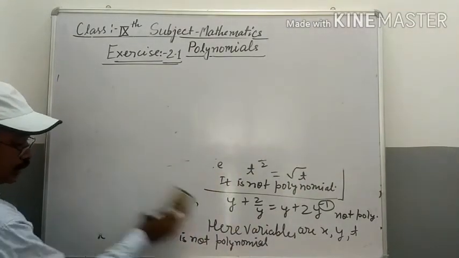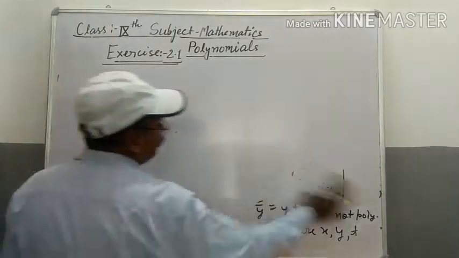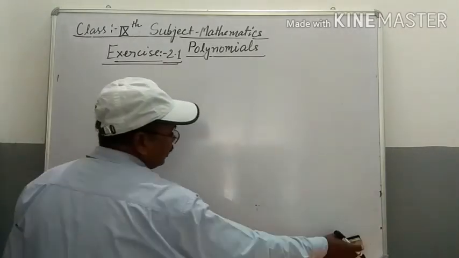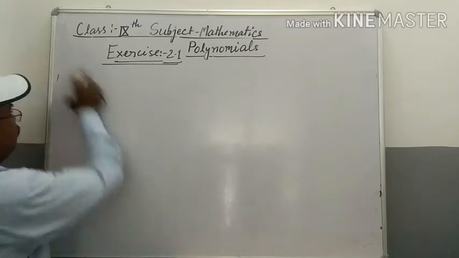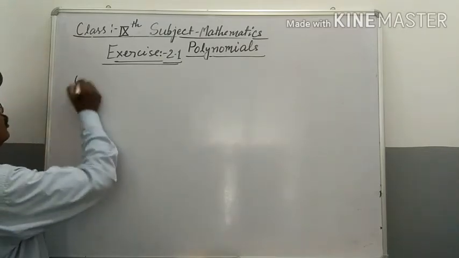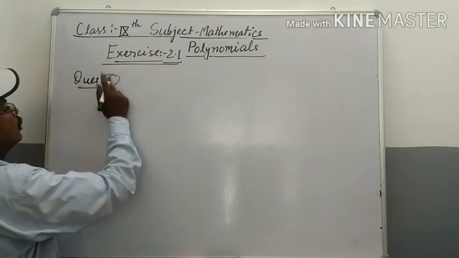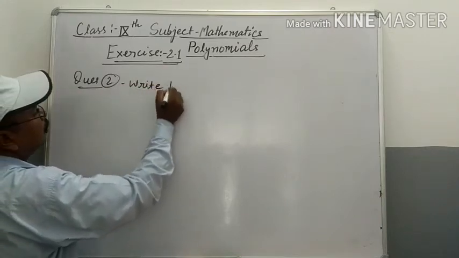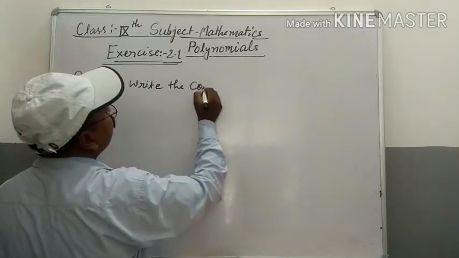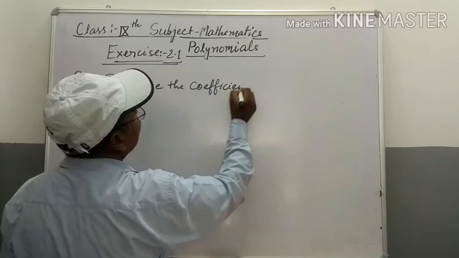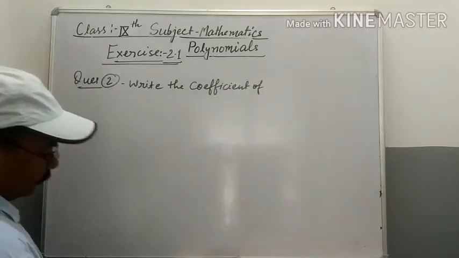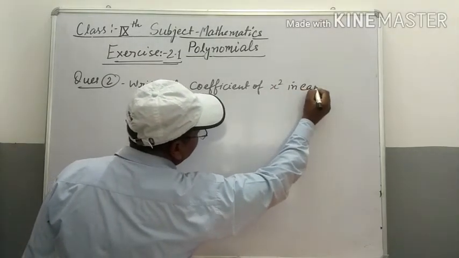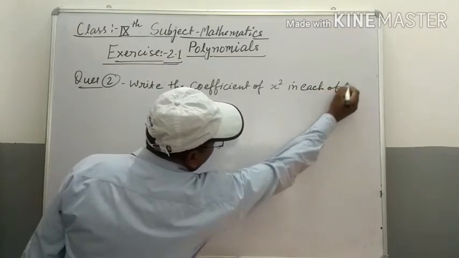Question number 2: write the coefficient of x square in each. x square का coefficient मतलब गुणा वाला अंक, गुणांक, write करना है students. Now you can see that it is a simple question. Write the question: write the coefficient of x square in each of the following.